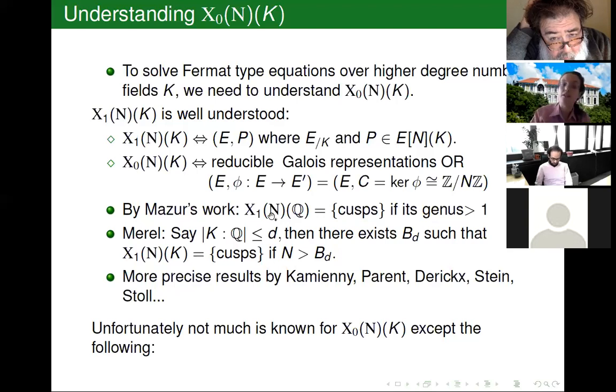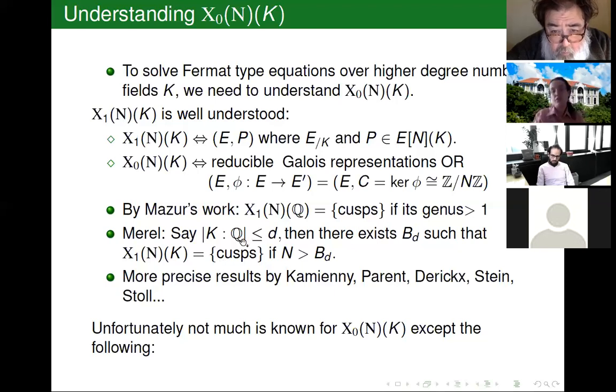Then we have the famous result of Merel that says that if you have a number field of degree less than or equal to d, then there is a bound that only depends on this degree d, and doesn't depend on the number field at all, such that if the level is bigger than this bound, the corresponding X_1(n) consists of only cusps.